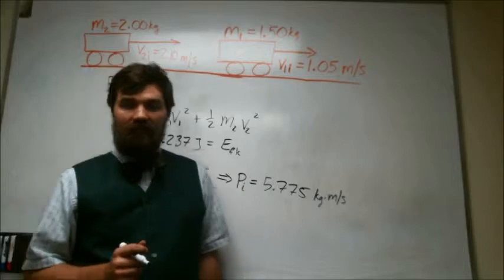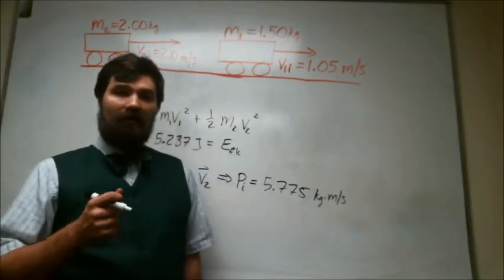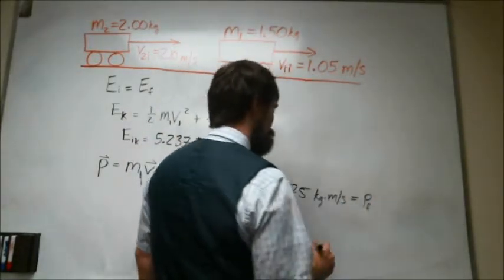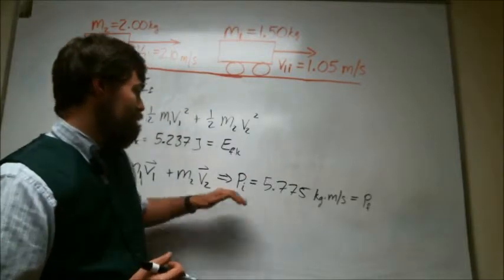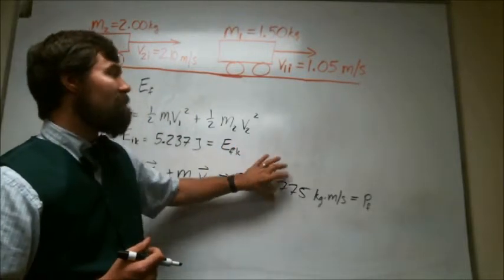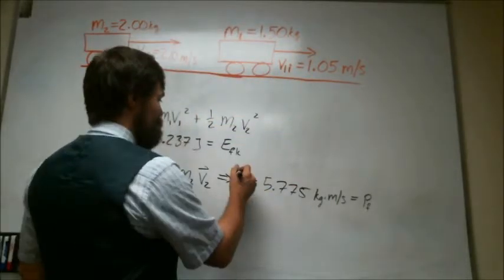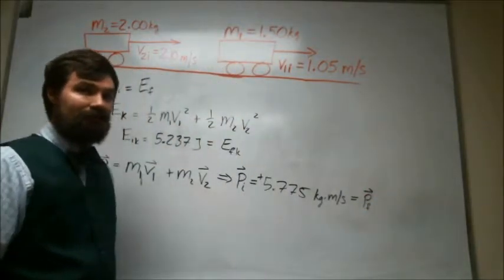And because the initial and final momentum are the same, this means that this is also equal to the final momentum. And incidentally, if I wanted to be really rigorous, I'd note that this is a positive number and that right is positive. So something like that.